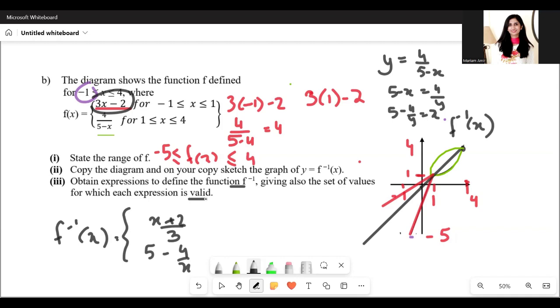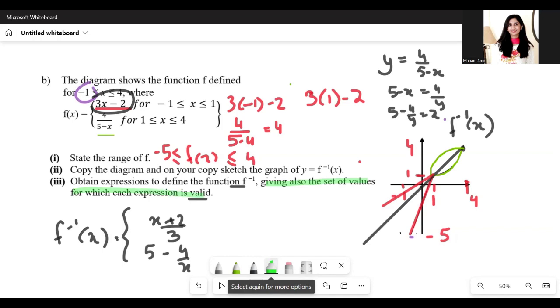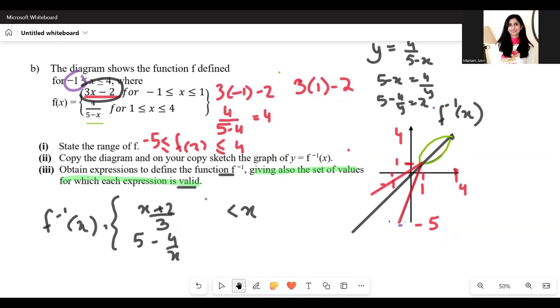Okay. Now, what is this? Giving also the set of values of x for which each expression is valid. So that means we need to give the domain for f inverse of x. And what is the domain of f inverse of x? The range of f. So let's go back to the graph. We had noted down the ranges already.